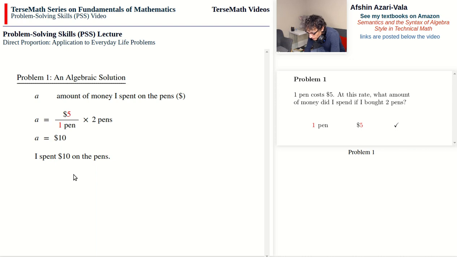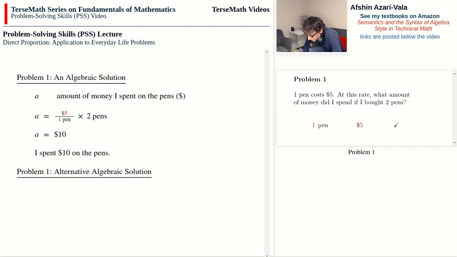Okay, so this was an easy problem, of course. However, in the context of this very easy problem, I would like to also present an alternative approach. One alternative approach that's very common is to start the modeling by putting down what we call a proportion equation in conservation form.